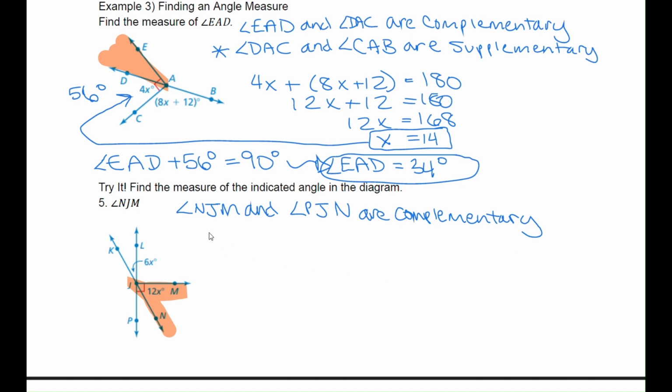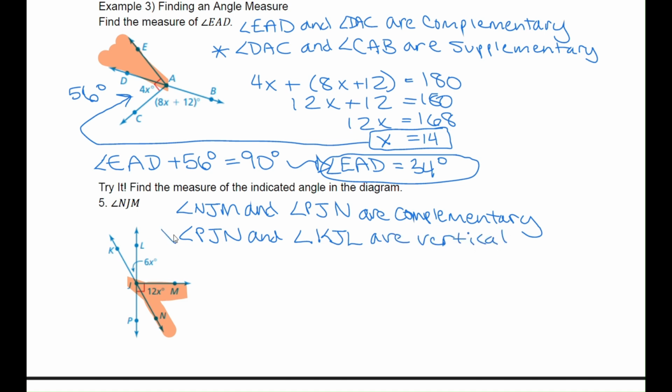What do I know about angle PJN? I don't really know too much about it right now, but I do notice that it is a vertical angle with angle KJL. So they are vertical angles.